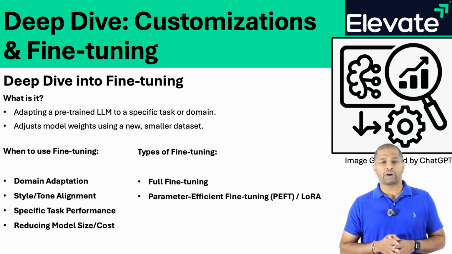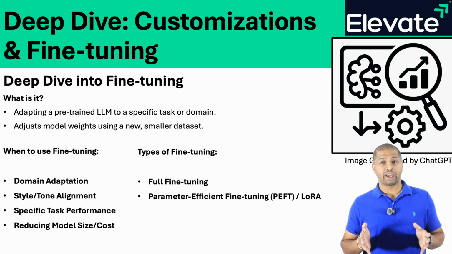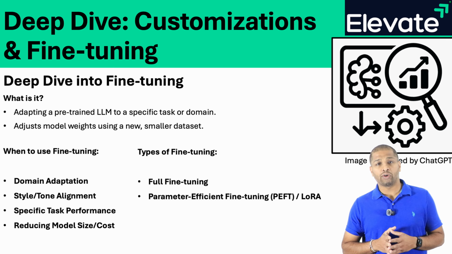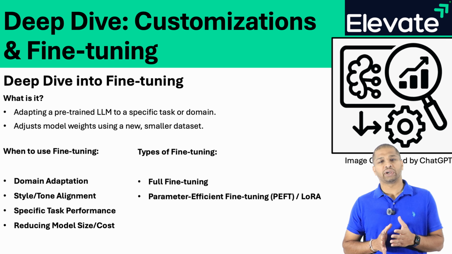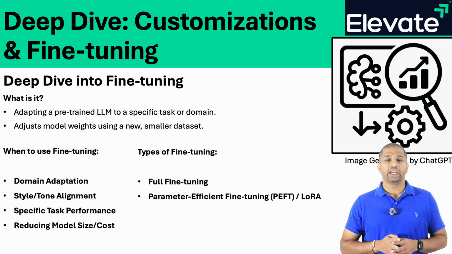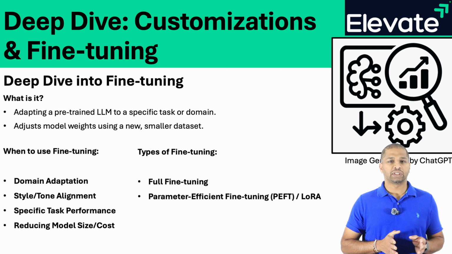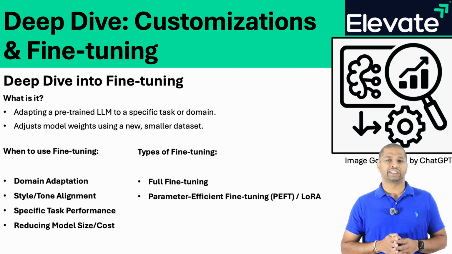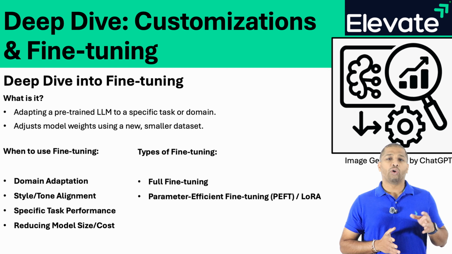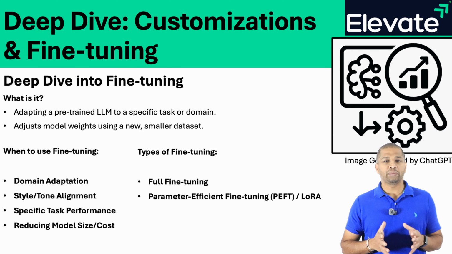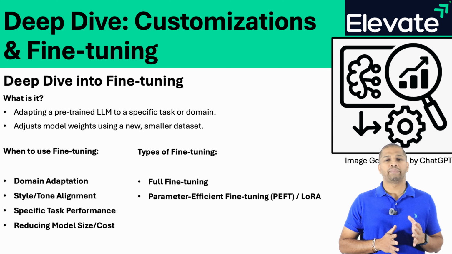You should consider fine-tuning when you need domain adaptation, style and tone alignment, specific task performance, and model size and cost reduction. In domain adaptation, you want to teach the model organization-specific terminology, internal processes, or complex engineering concepts. Style and tone alignment ensures all AI-generated outputs consistently match our corporate communication guidelines and brand voice.